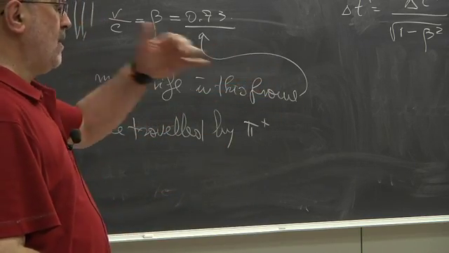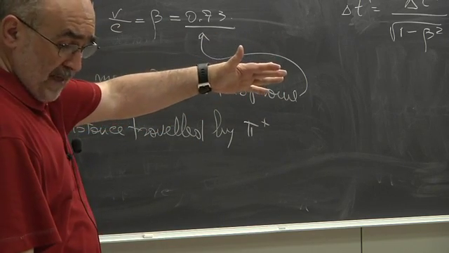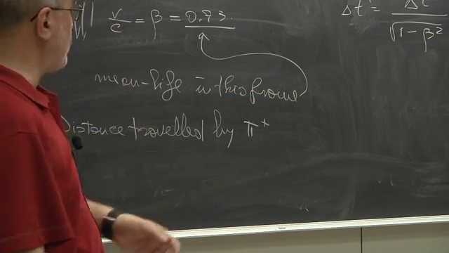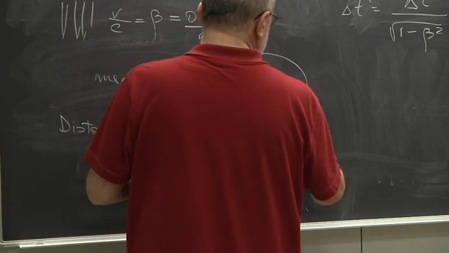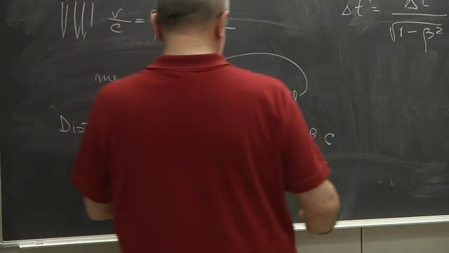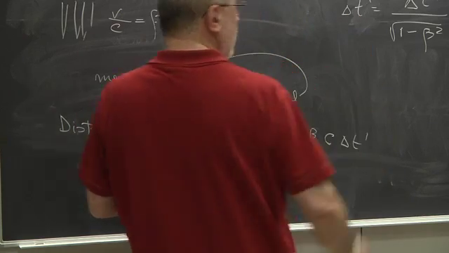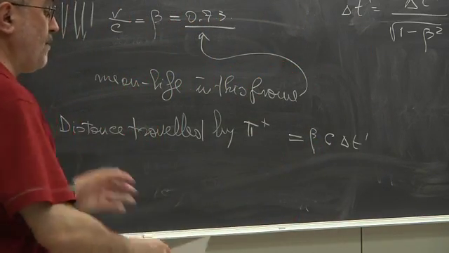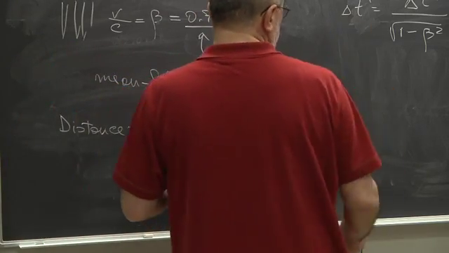We measure where they are produced, the pi plus come from some other decay, and we measure where they decay. So we measure distances, and the distance will be beta times c, which gives me the velocity, times the interval of time, delta t prime, because they are moving, so I am in this reference frame.